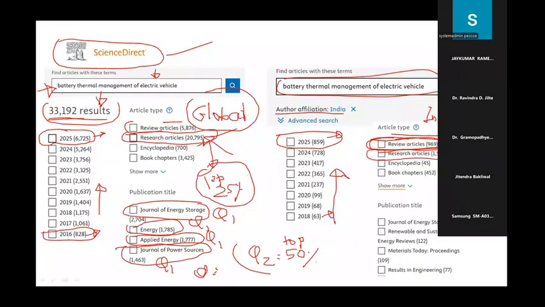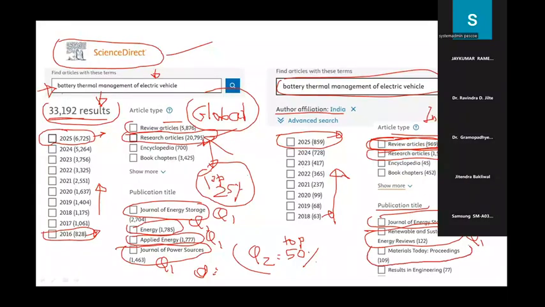If you again look at the publication titles of these articles, Journal of Energy Storage, we are targeting, let us say Q1 is there. This is the review journal paper. Q1 is there, but we hardly contribute. And personally, I'm not in favor of publishing review articles.